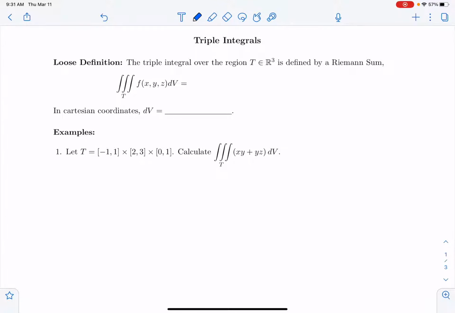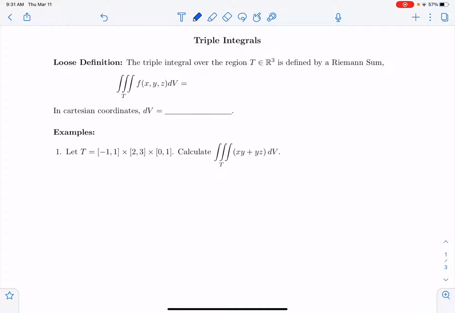We can define triple integrals in a very similar way to how we defined double integrals. So we're going to define a triple integral over a region T in 3 dimensions by a Riemann sum.